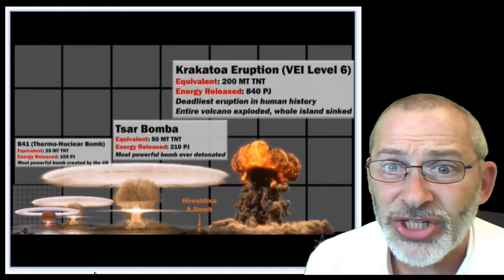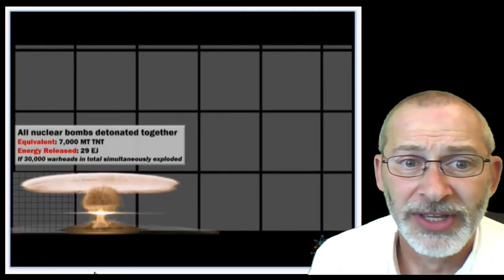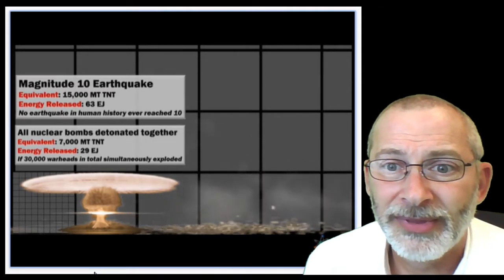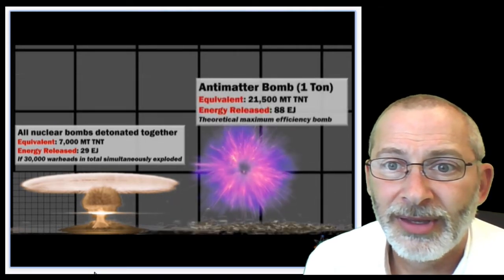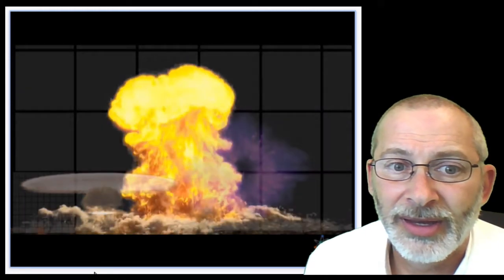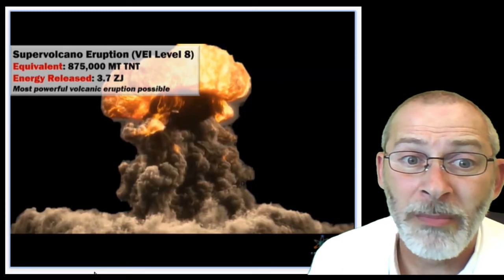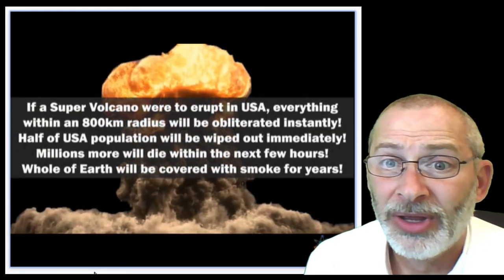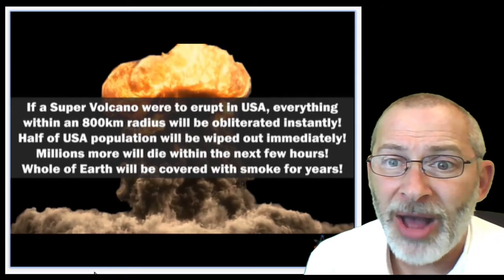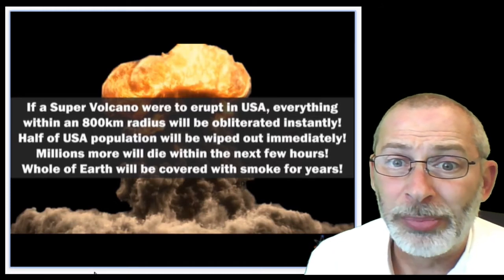Did you catch that? Mother Nature is getting more impressive. Golly, that would be awful. Super volcano, like, oh my, like Yellowstone. Oh boy. Half of our population would be wiped out immediately. That would be rather frightening.